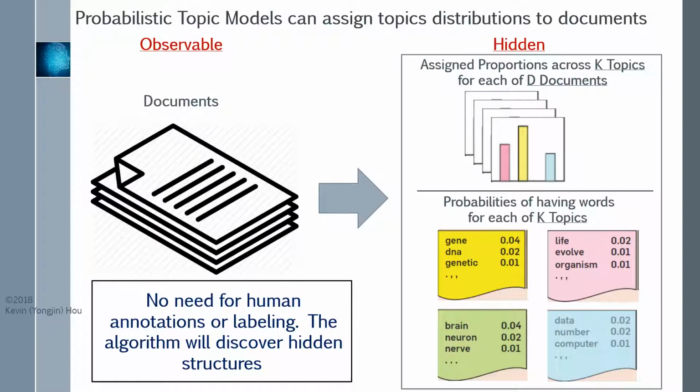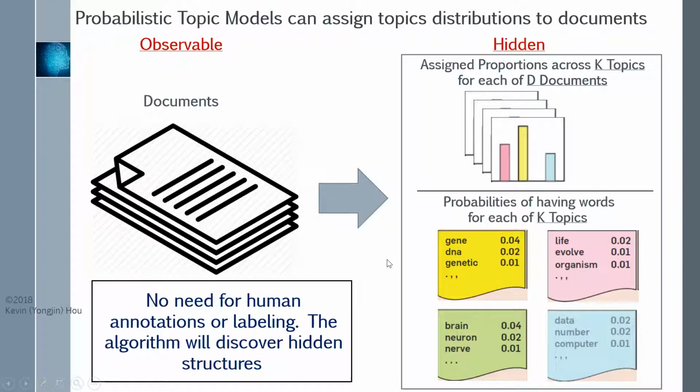Then the algorithm will figure out the hidden structures in the documents. The hidden structures include how each document contains different proportions of topics, and also for each topic, what are the words and their probabilities within that particular topic. Those two are hidden structures, as we can see here.